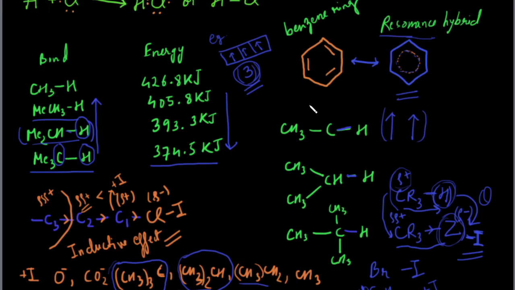Another property of the resonance hybrid, which differs from that of the resonating structures, is the bond length, that is, the equilibrium distance between atoms joined by a covalent bond. The normal length of the carbonyl double bond in ketones is about 1.20 angstrom.